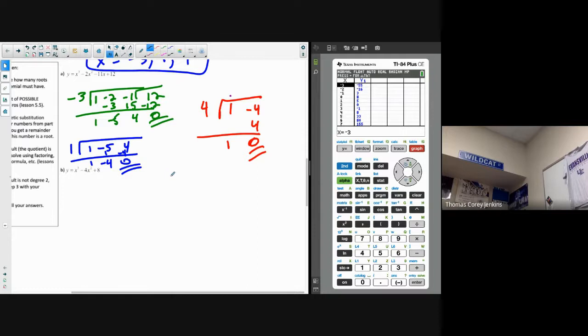So we already know x equals 2 is part of my solution set, right? And then we're going to use that to get the rest of it, right? So you could think about the rational root theorem here. So it'd be the factors of 8 over 1. Remember that, P over Q. So you'd have plus or minus 1, plus or minus 2, plus or minus 4, and plus or minus 8, right?